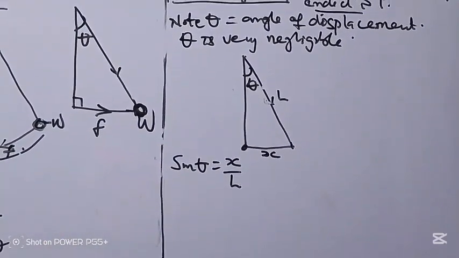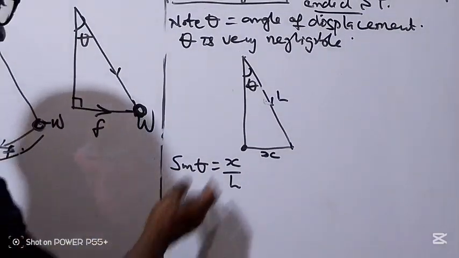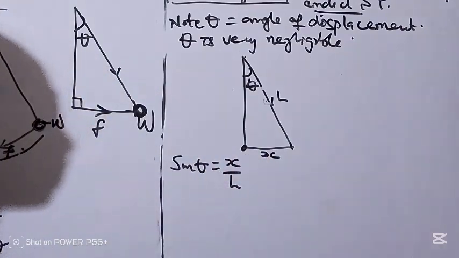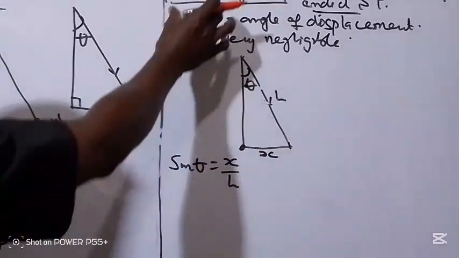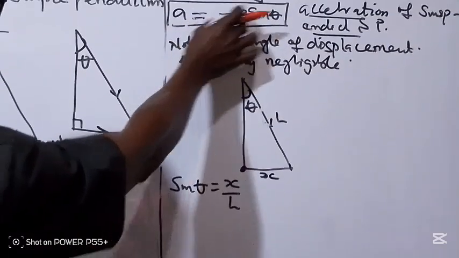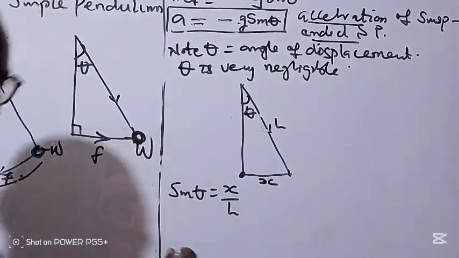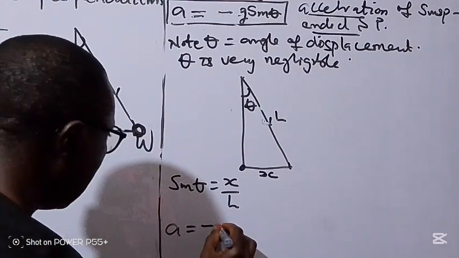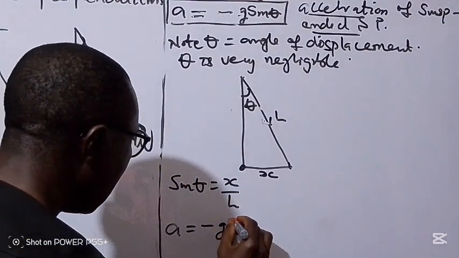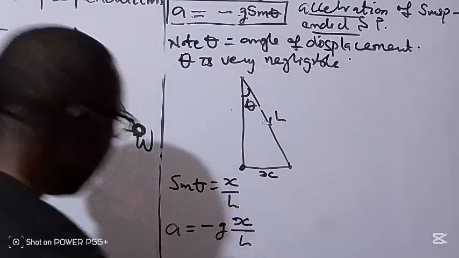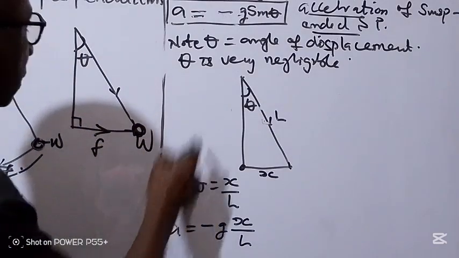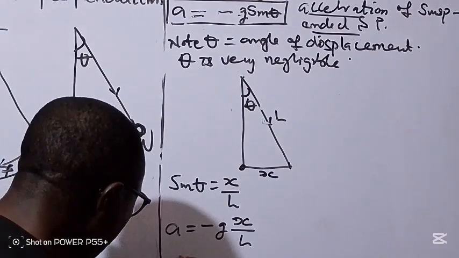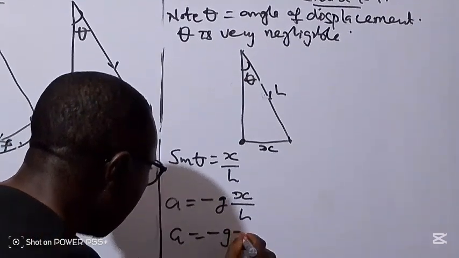So if theta is negligible, then it can be replaced with this x over L. What we have as a is equal to minus g sine theta, so we can now say our a is equal to minus g s over L, since our sine theta is equal to s over L. So in simple terms, a is equal to minus g s over L.